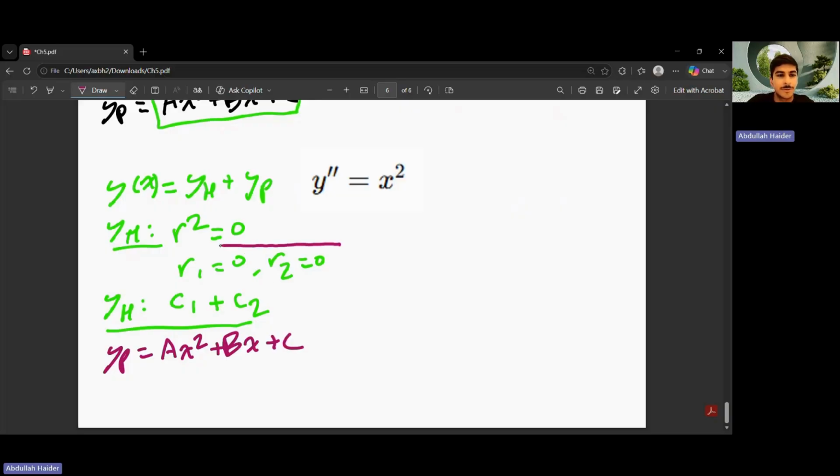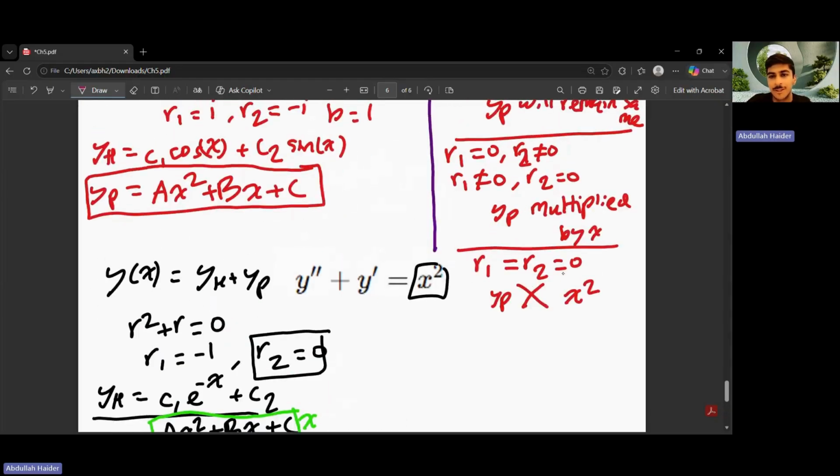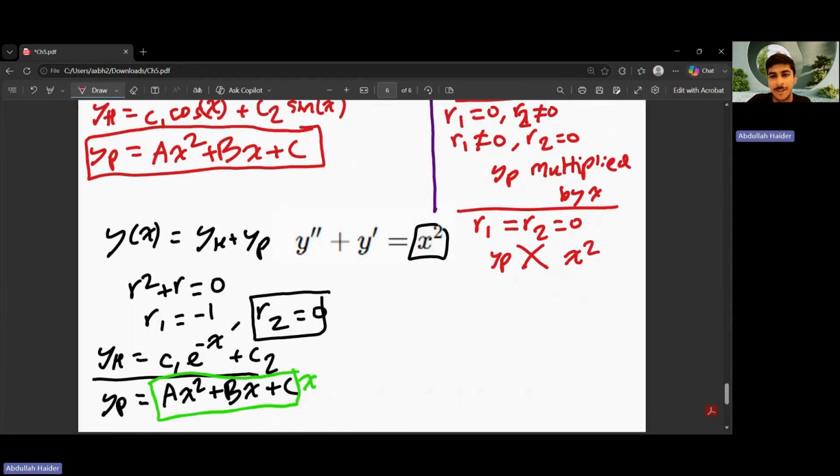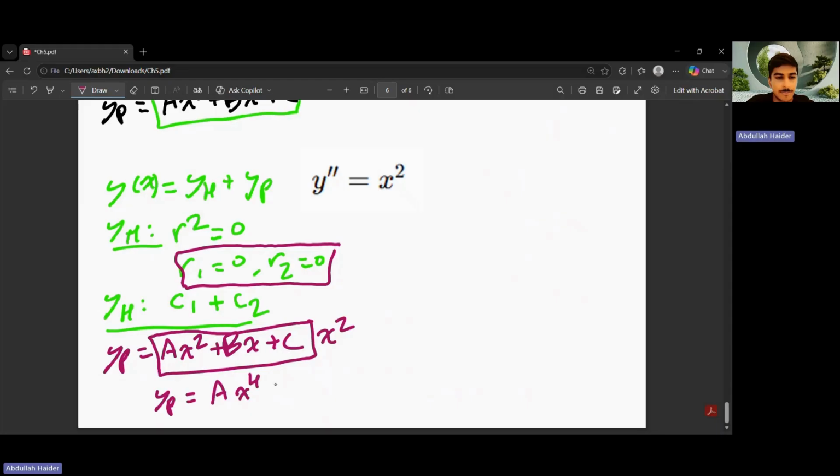Now both are 0, and as I said before, if both r1 and r2 are 0, then you multiply yp by x squared. So yp is equal to ax power 4 plus bx power 3 plus cx power 2.